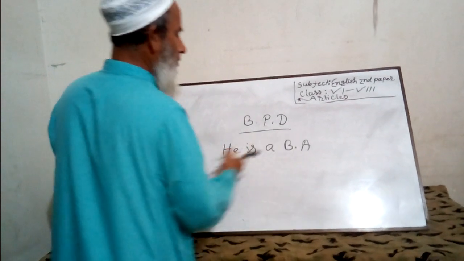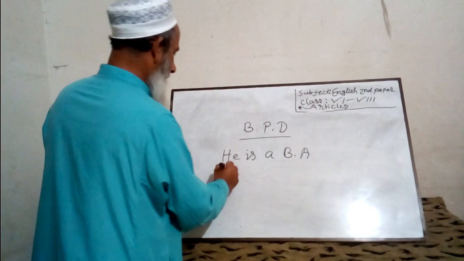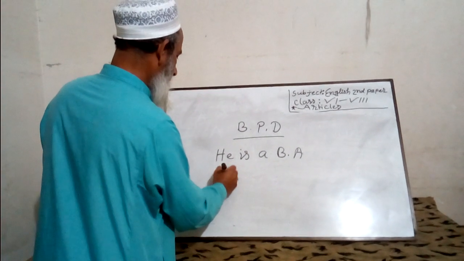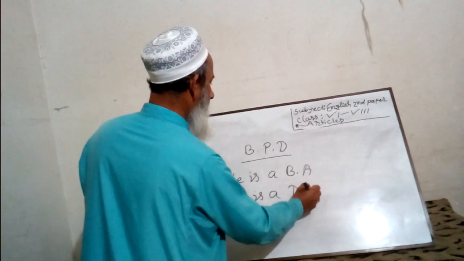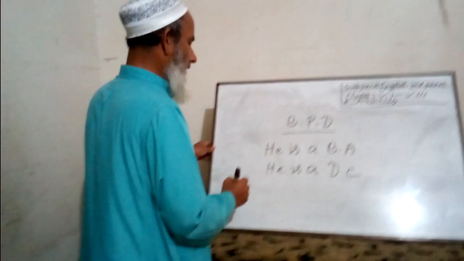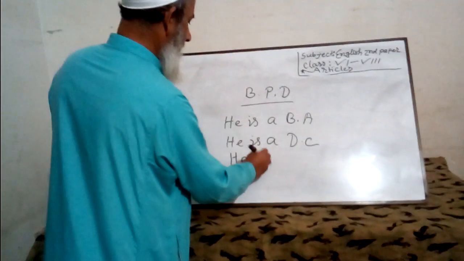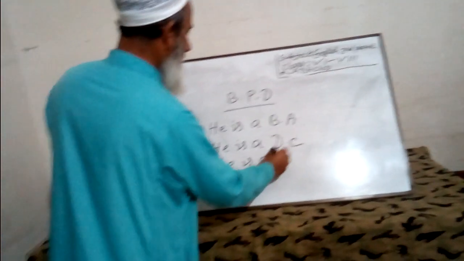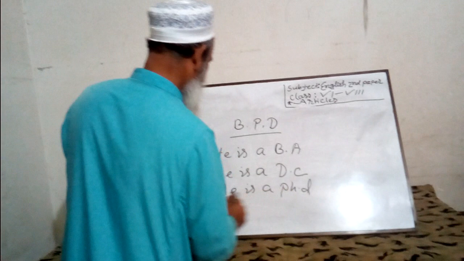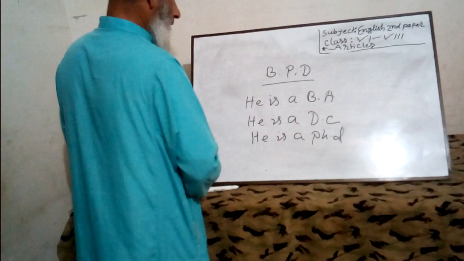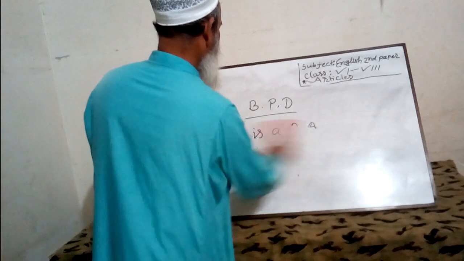Here consonant sound comes first, B, then E. Like this, a DC. Okay, dear learners, we can also say a PhD.